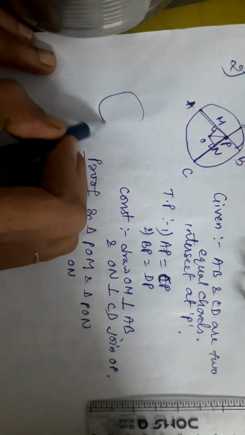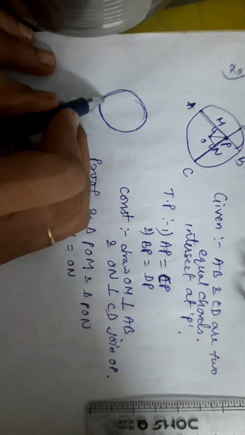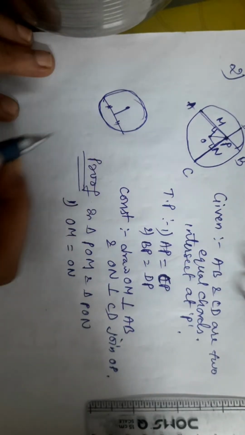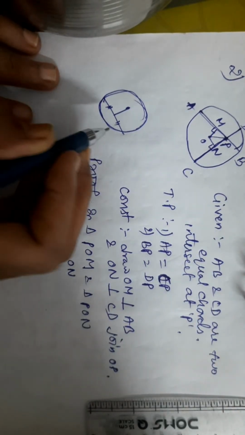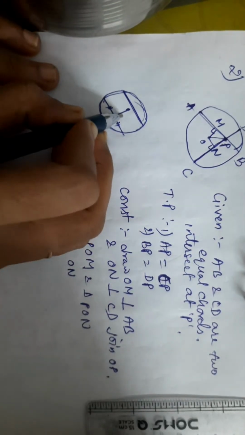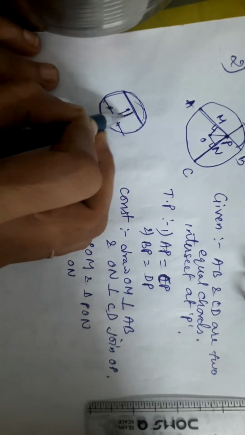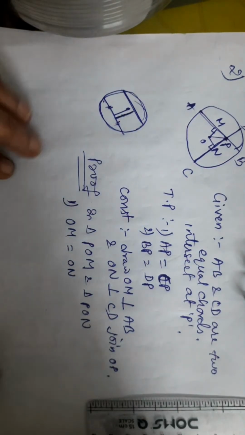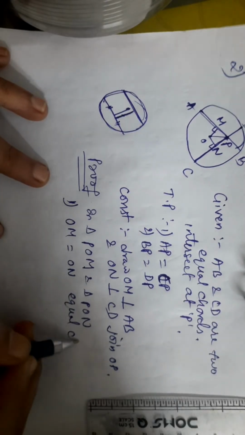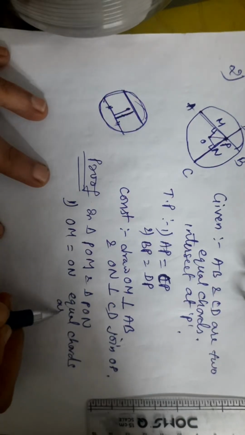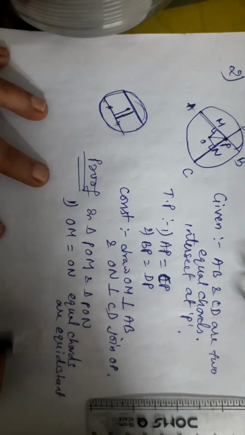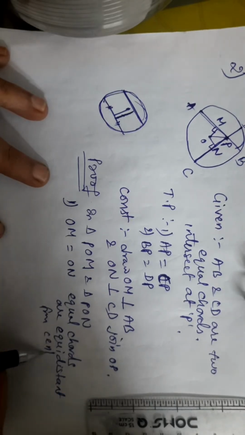If two chords are equal in length, their distance from the center will be equal. This we call equal chords are equidistant from the center.